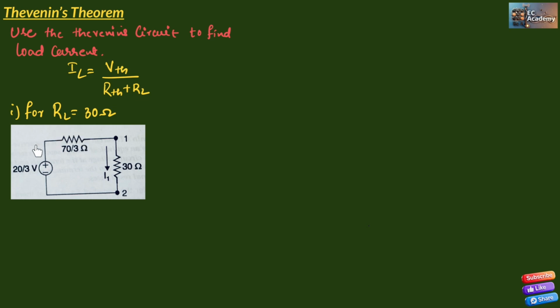This is the Thevenin's equivalent circuit for which we have connected a load resistance of 30 ohm, and we need to find the load current I1. So I1 is equal to 20 by 3 divided by 70 by 3 plus 30. If we simplify this, we will get I1 equal to 0.125 amperes.